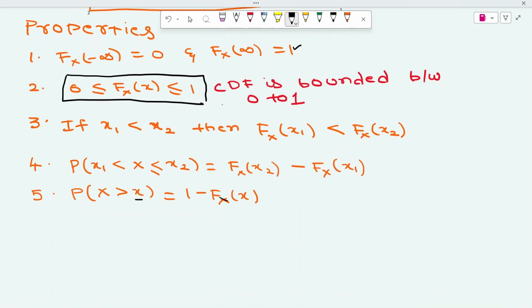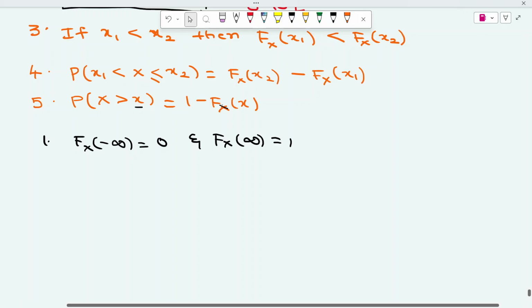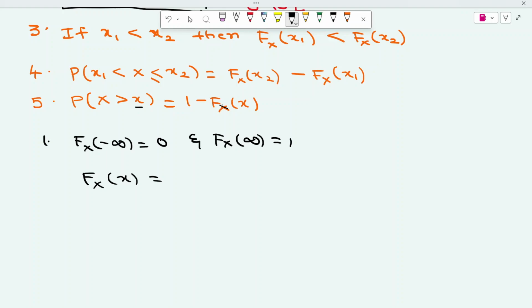So the first property is Fx(minus infinity) is 0 and Fx(infinity) is 1. How is Fx(x) defined? Fx(x) is defined as the probability of X less than or equal to small x.